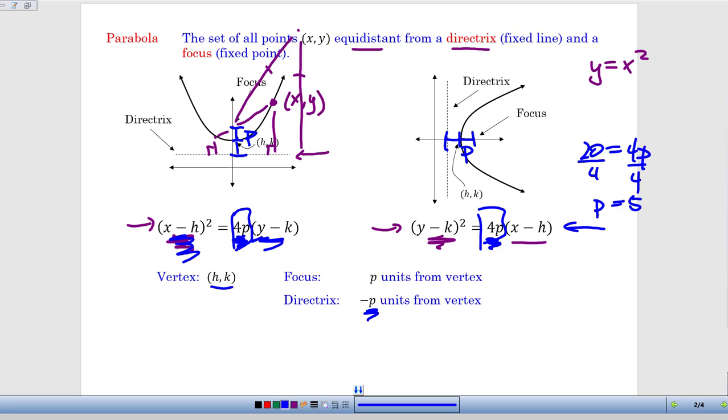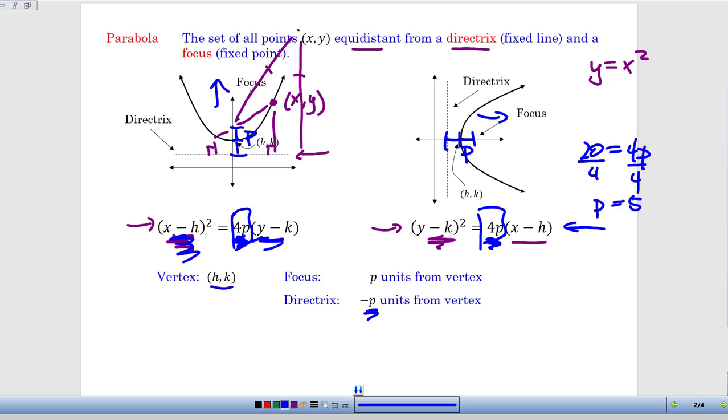p could turn out to be a positive or a negative number. If it's positive, then we're going to be going up or to the right from our vertex. If p was negative, we'd be going down or to the left from the vertex. And then, of course, the directrix is going to be the opposite direction from the vertex.